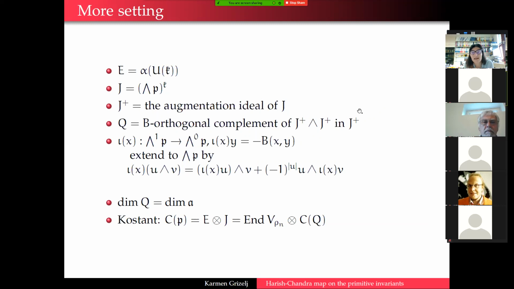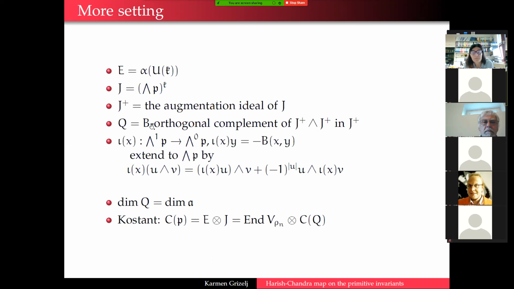And from the grading, you only take the summands of degree strictly larger than 0, so strictly positive degrees, and you get the augmentation ideal.